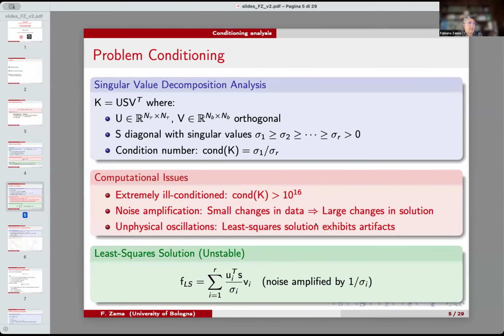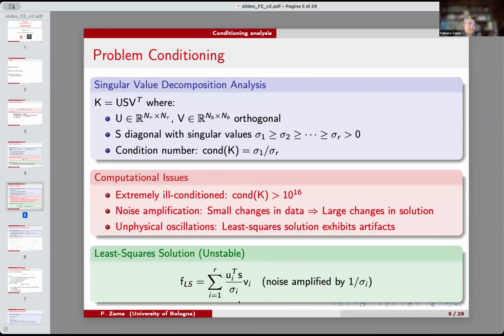The solution exhibits artifacts. We can explain this by reminding that once we have this decomposition, the least square solution can be computed as a linear combination of singular vectors contained in the matrix V, and this part, which is a coefficient, is a scalar. It is a scalar product of the column of the matrix U times S, the data, over sigma i.